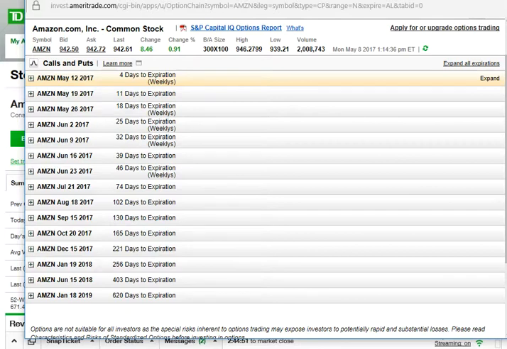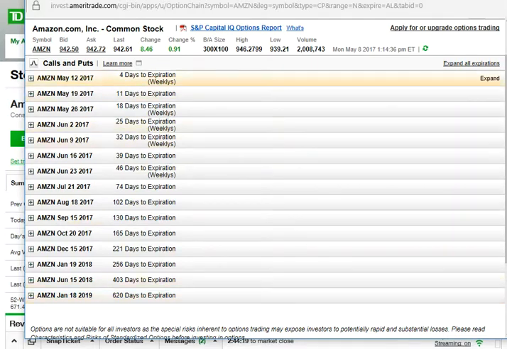Then it would expire on Thursday, or whatever is the last business day of the week. But usually that's Friday, so stock options generally expire on a Friday. The short-term, near-term ones are at the top, and way at the bottom are stock options that expire 620 days from now. That's almost 2 years from now.